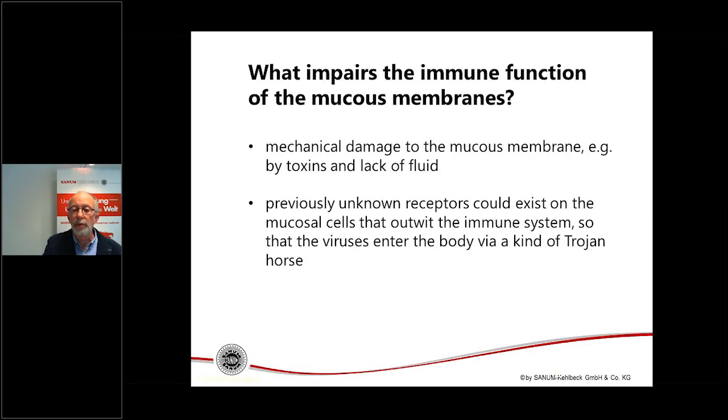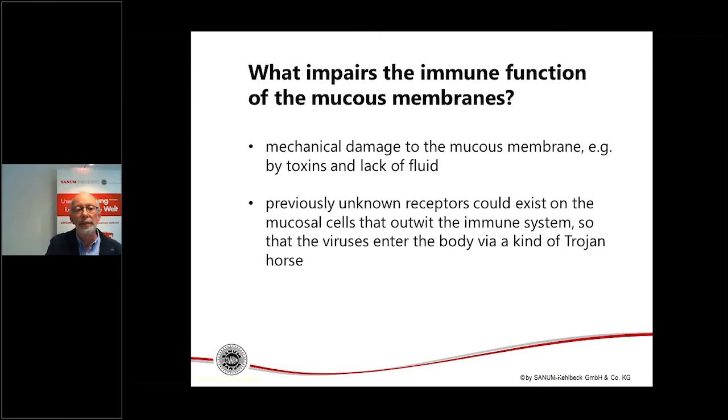What impairs the immune function of the mucous membranes? Firstly, mechanical damage of the mucous membrane, for example by toxins and lack of fluid, could allow the viruses to pass through.